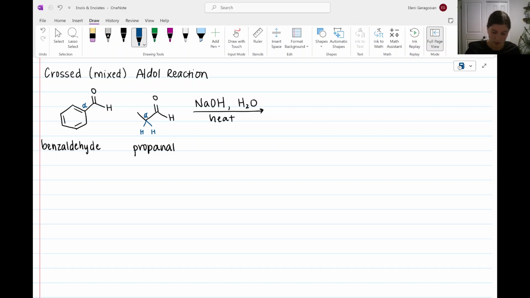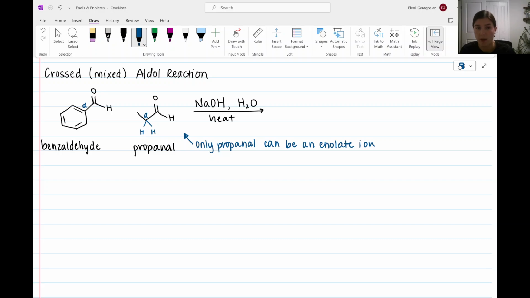So if we're doing an aldol reaction, only propanol in this example, so not benzaldehyde, can become an enolate ion.